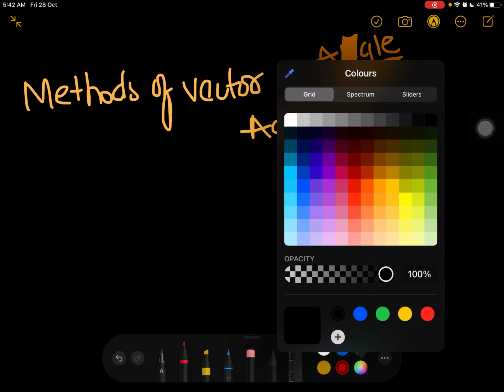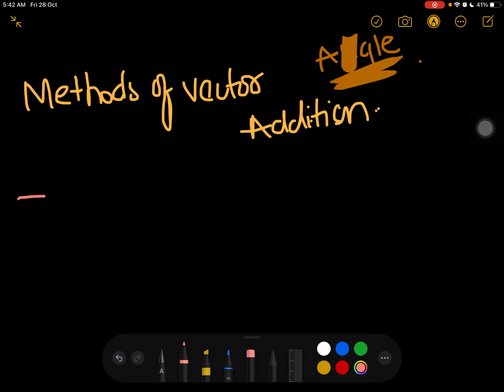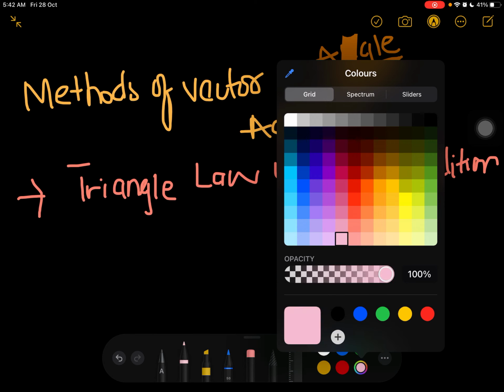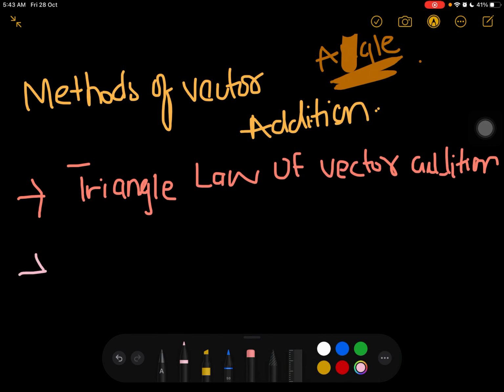So basically there are 3 methods. First is known as triangle law of vector addition.